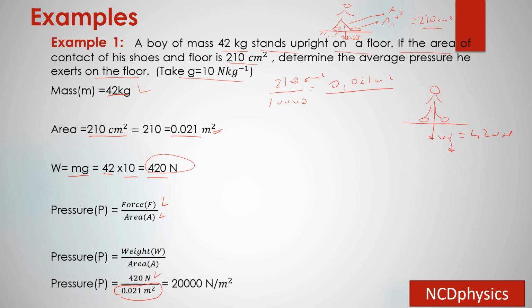When you divide, you will see that 20,000 Pascal or Newton per meter square pressure is produced. So the pressure produced on the surface is 20,000 Pascal.